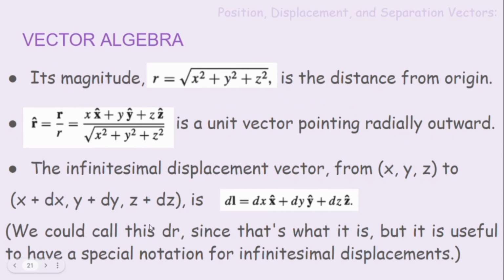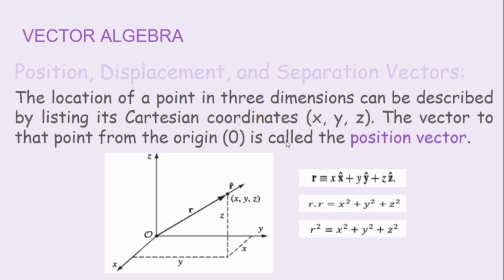We can also have its unit vector, simply the vector in the numerator and its magnitude in the denominator. This will be the unit vector, and it is radially outward from the origin.